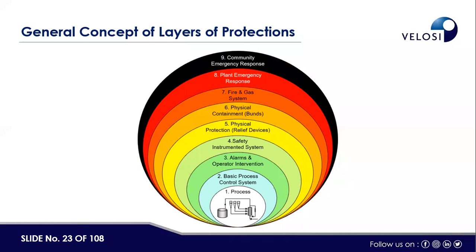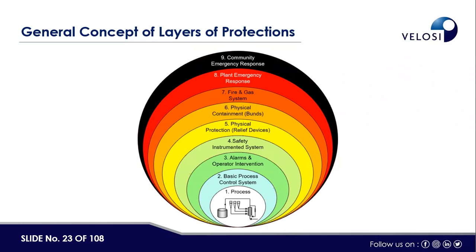Then in the plant areas, facilities or buildings, fire and gas detection systems are installed, which detect any leakage or initiation of fire so that corrective action can be taken on time. The last and most important action is the emergency response plan. If something goes out of control, there should be escape routes and an evacuation process, and also involvement of the community, such as civil defense, firefighting systems, hospitals, or the district management of that area.